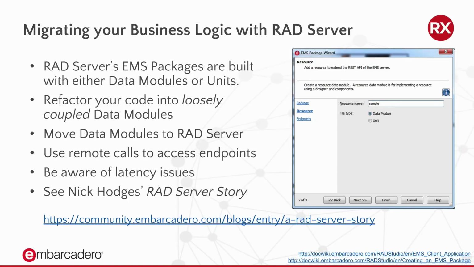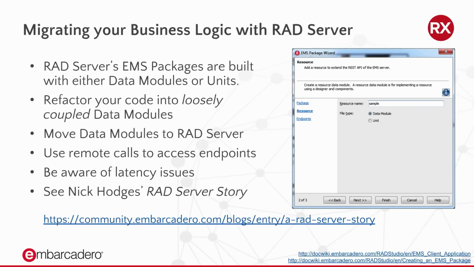So with RAD Server, when you're wanting to move your monolithic application into a multi-tier scalable application, what you'll do is, RAD Server uses data modules behind the scenes to contain the business logic and the data access.